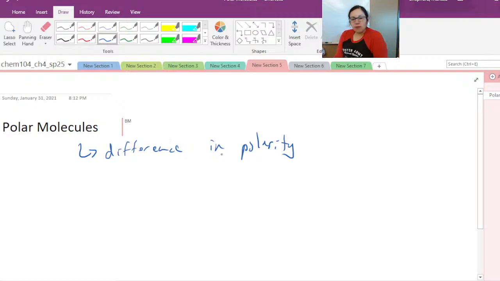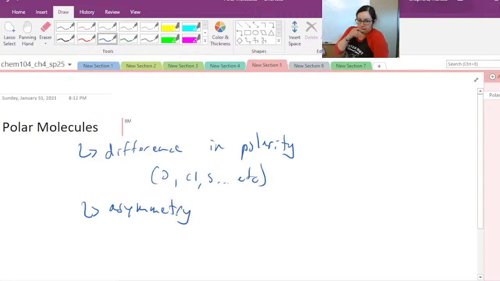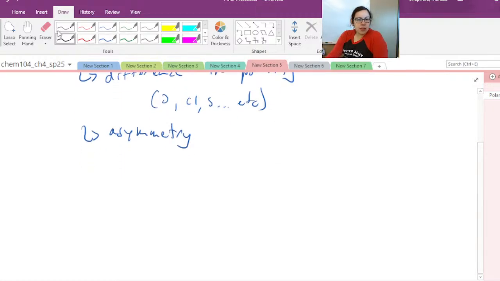Usually this involves electronegative elements, so oxygen or chlorine, sulfur, etc., anything that's electronegative. But then it also has to have asymmetry. Let's look at that with some examples.